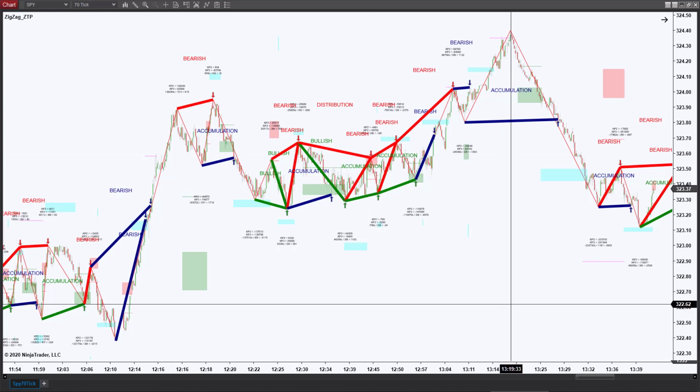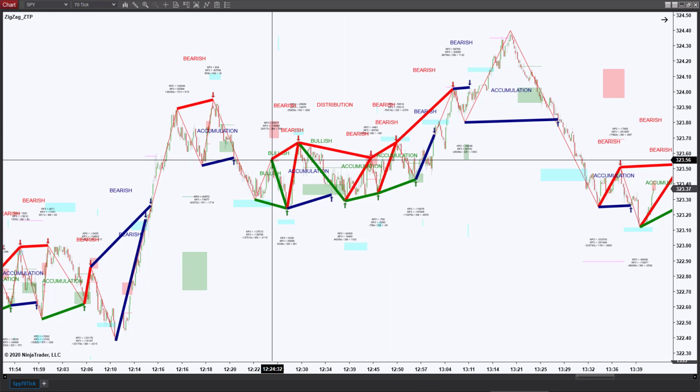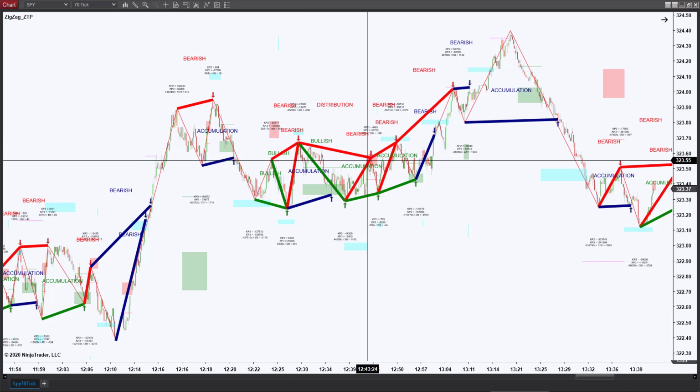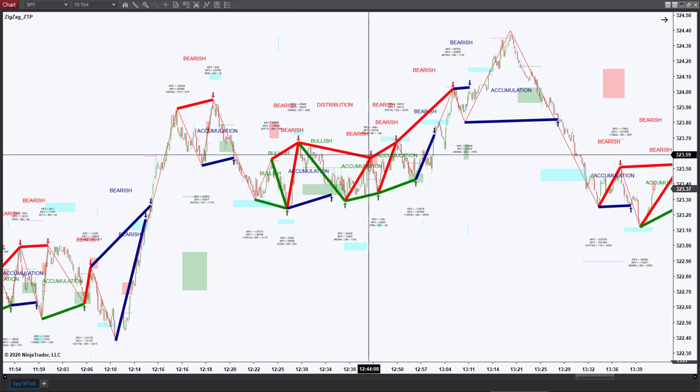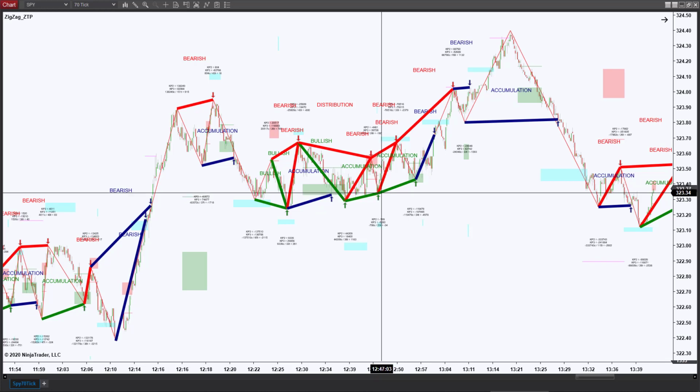Now, what's interesting again is that we get into this pattern of first a long, then a short, then a long, then a short. One of the things that is interesting is that each of these trades on the ES is good for somewhere between 2, 3, and even 4 points.